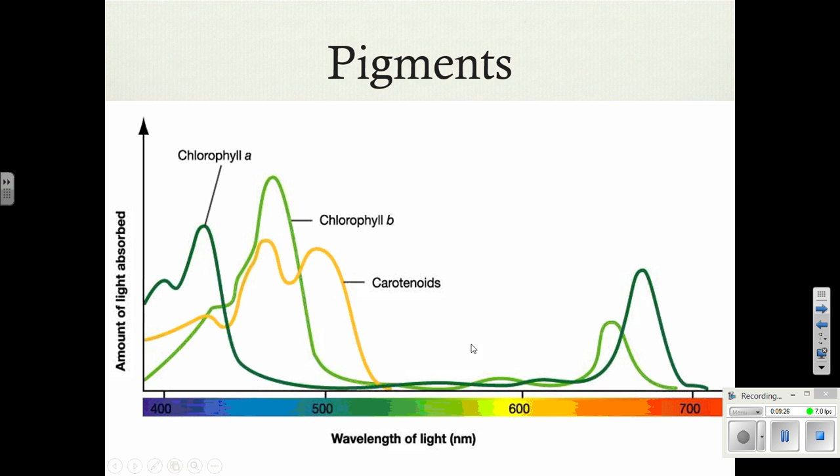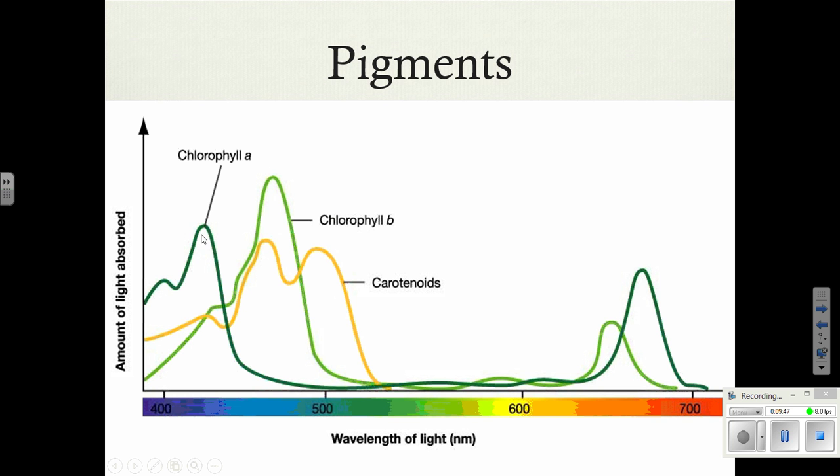This chart shows our wavelengths of light in nanometers down below, and here's each of the pigments. You can see chlorophyll A absorbs a lot of this blue, but it reflects the lighter blues, the greens, and the yellows, while absorbing the orangey and the red. That's why it looks kind of dark green.